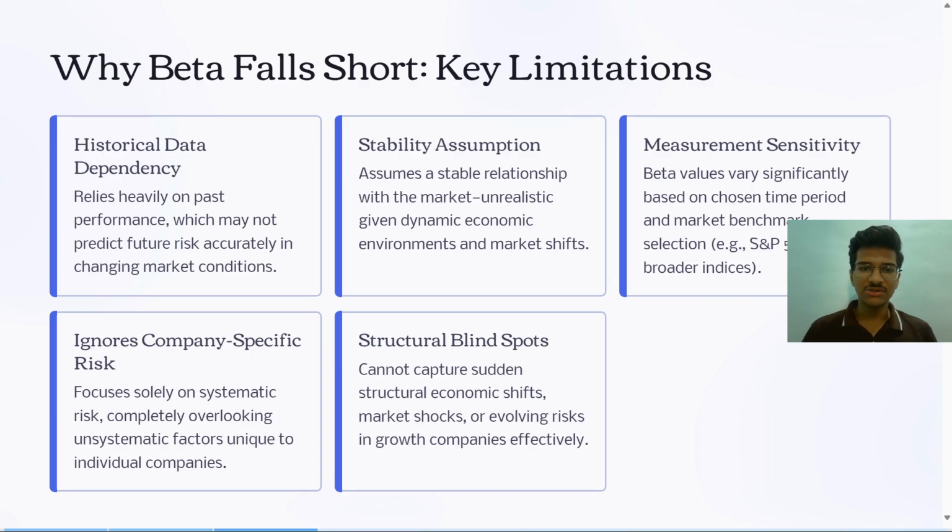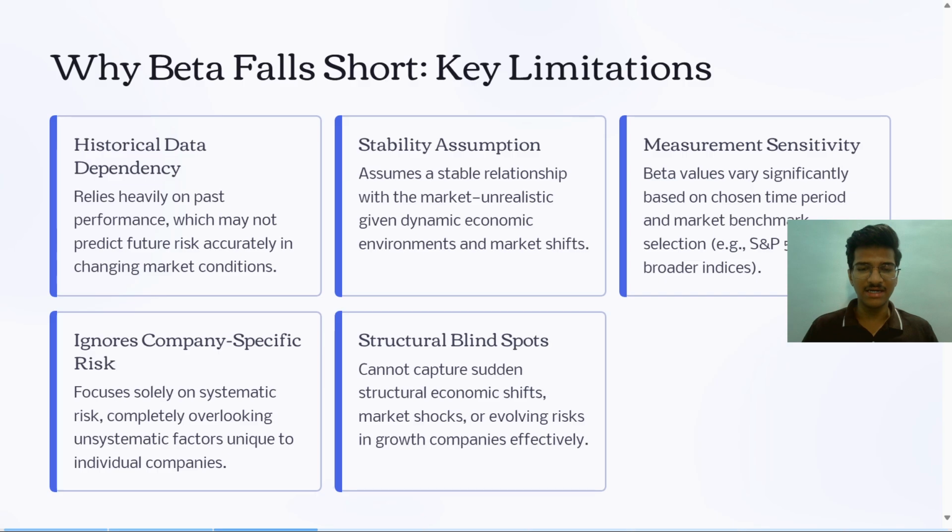Another key issue is that beta ignores company-specific risks, assuming diversification removes them, which is not at all practical. Beta also assumes a linear relationship between stock and market returns, which breaks down during extreme events. For example, a very recent example of this is COVID.